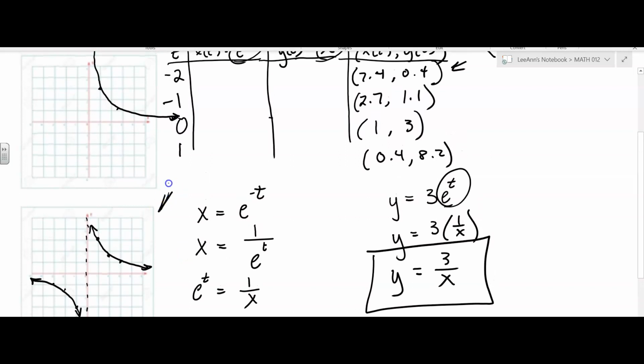Hopefully this part looks the same as this. There was a restriction that t had to be greater than 0, so we're not going to be using this part of the graph. But the arrows are going this way with respect to time. Okay, so that's that one.